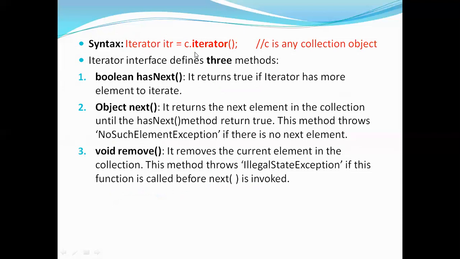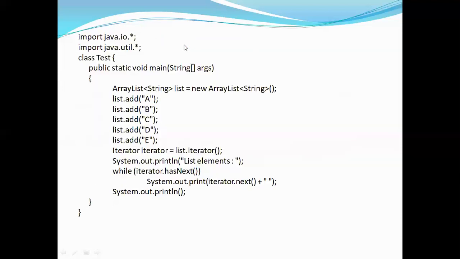What is c here? In our case it is the ArrayList, and we created the object as list, so you can take list too. So the iterator is equal to list.iterator.